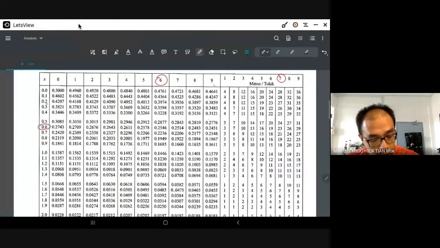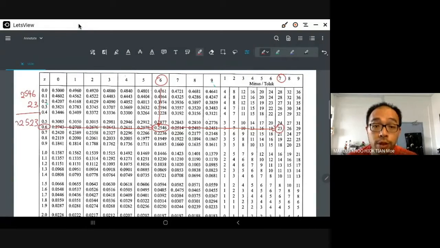So let's read this. 0.66 is here, all the way over here. So this one is 0.2546. And then we look at the number 7. Number 7 is 23. So my answer will be 2546 minus 23. We will get 0.2523.